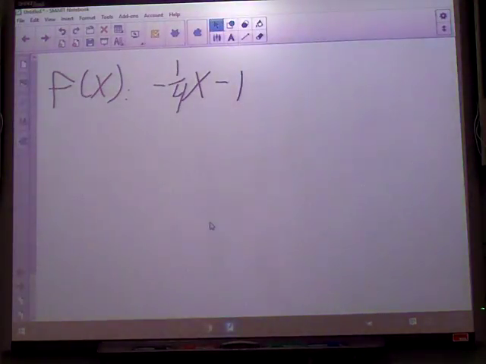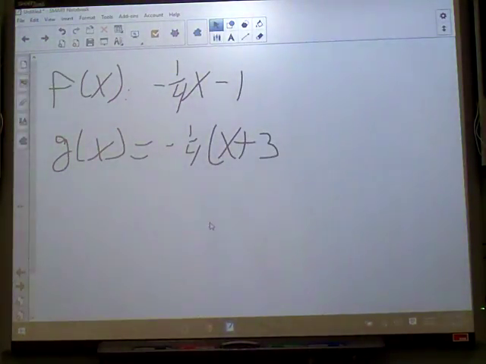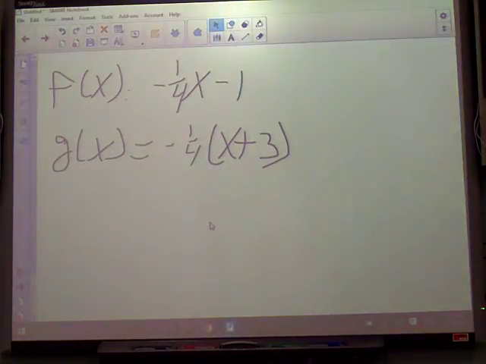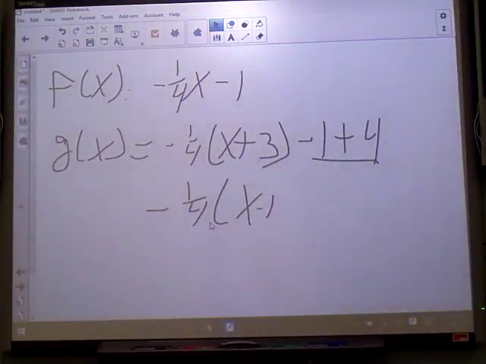Translation, 3 units left, so that's got to start off the same way as the other one. g of x equals negative 1/4 times the quantity x plus 3 for 3 units left, followed by a translation of 4 units up. So what's stuck on the end, we add 4 to, and then you can go ahead and simplify that.